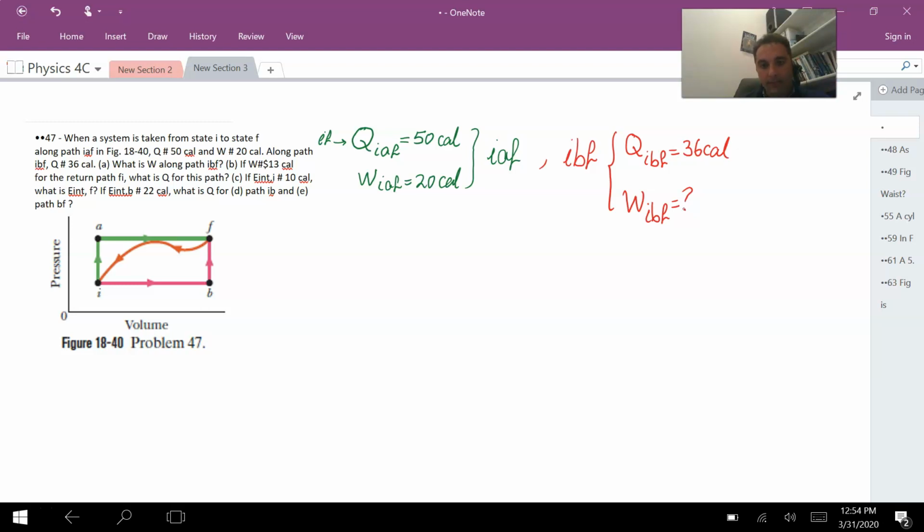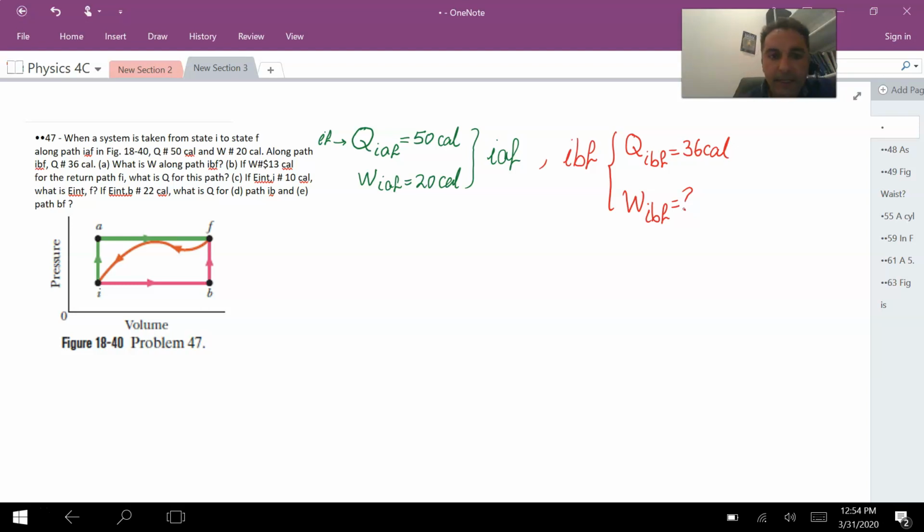In IBF, Q is 36. Work done in IBF is unknown.